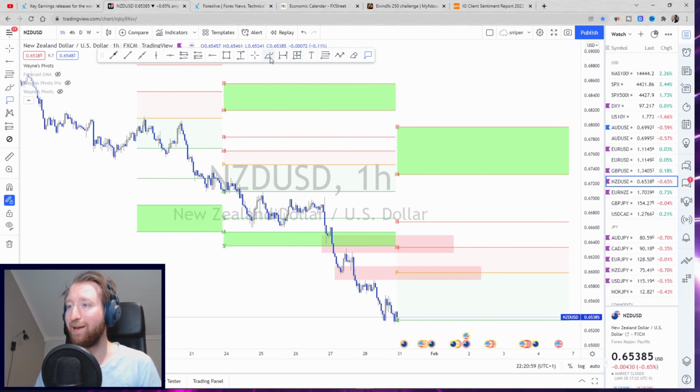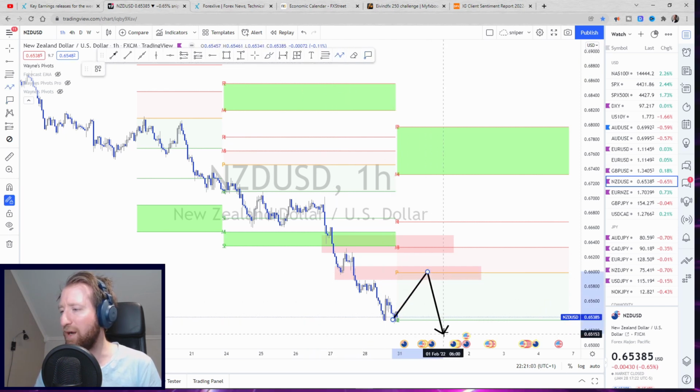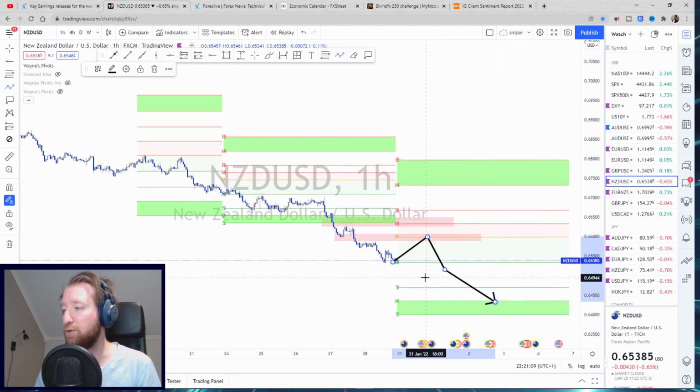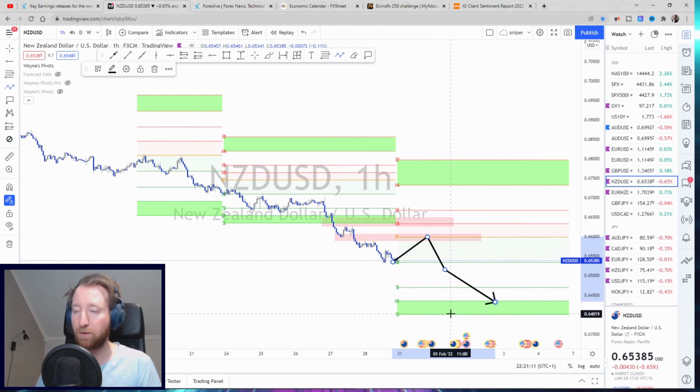And when we're going into next week on New Zealand, by all means, again, coming back up to 66 or 66.50, and then we will go all the way down to 64.30 or 64.50. Now, is that a real target?